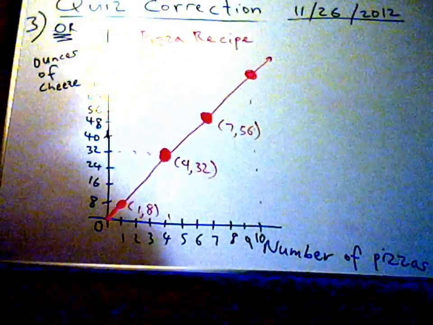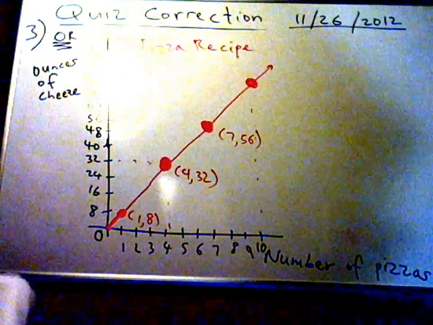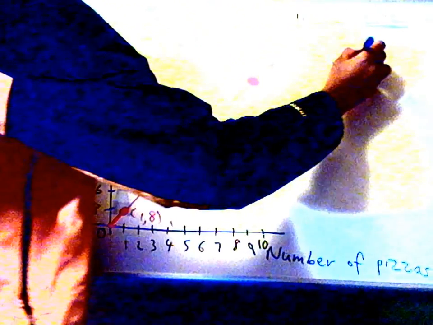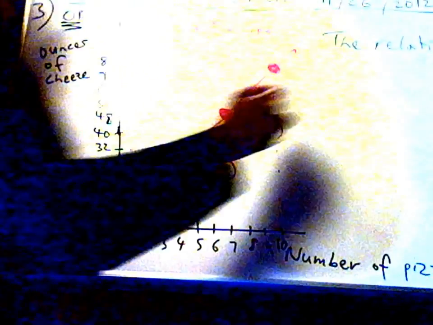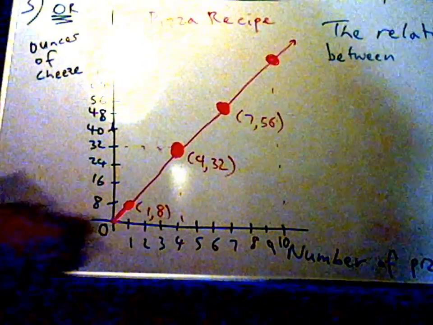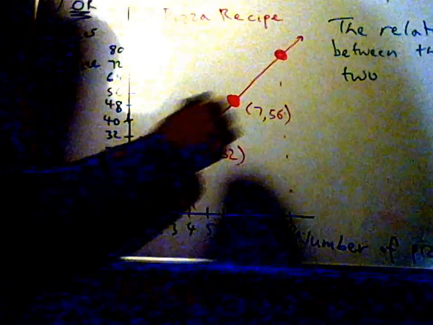So, in response to your question to explain is it proportional, your conclusion would be the relationship between the two quantities. So the two quantities you're given are the ounces of cheese and the number of pizzas.